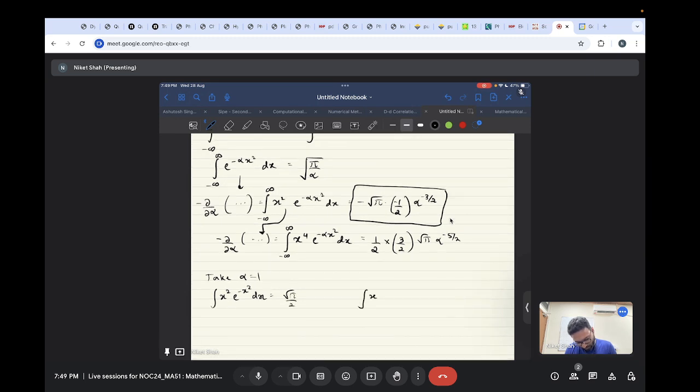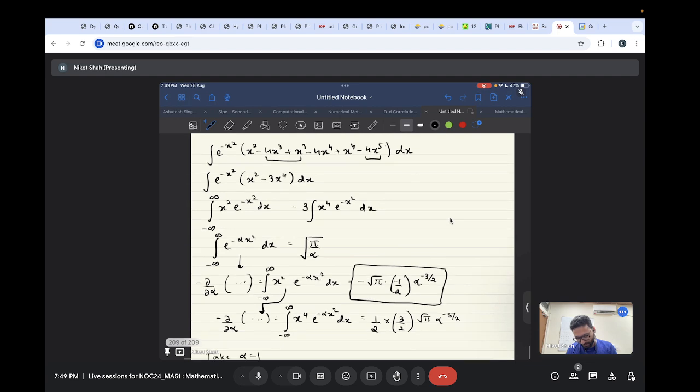The integral of x power 4 e raised to power minus x square dx is equal to 3 root pi by 4. This is the second term. So these are the two values of the integrals that we get.